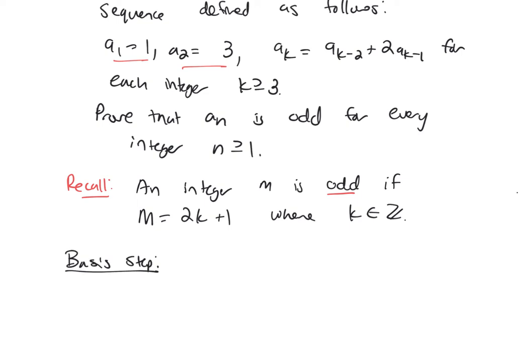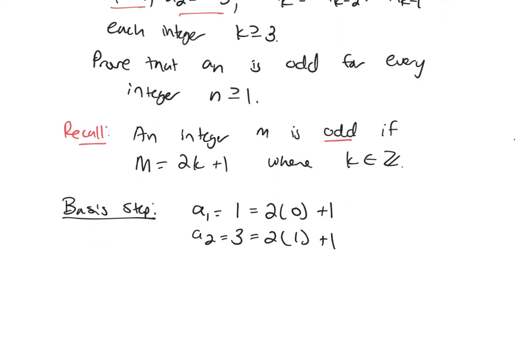We're going to show that the first 2 numbers in this sequence are odd. Our first number, A1, is 1. Why is 1 odd? Because it's 2 times 0 plus 1. So A1 is odd. What about A2? It's 3. Why is 3 odd? It's 2 times 1 plus 1.